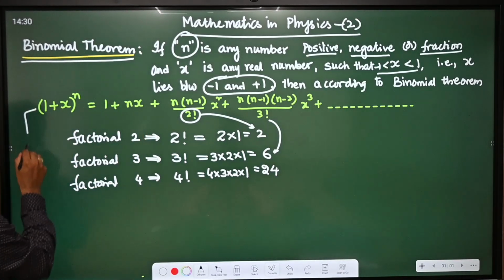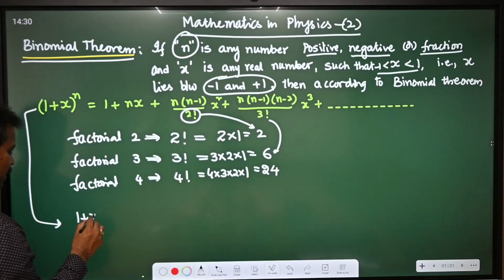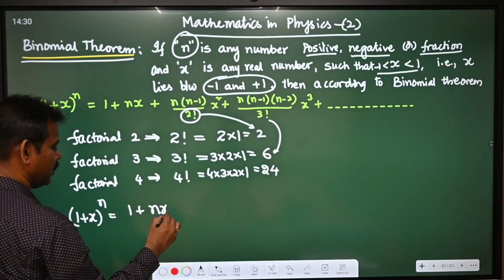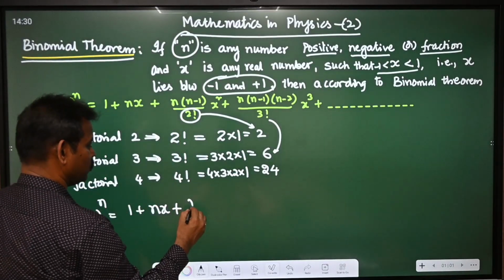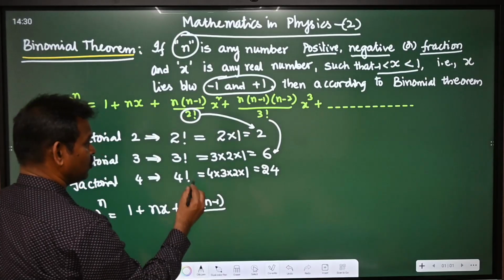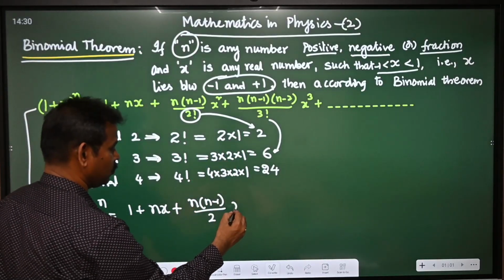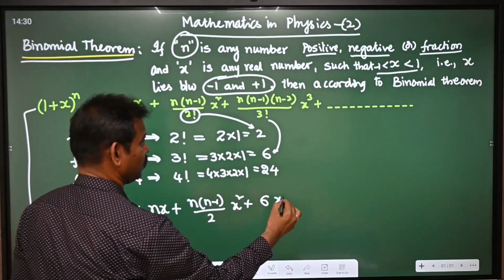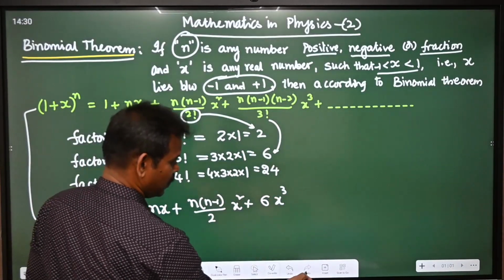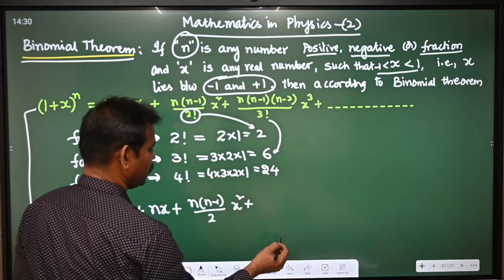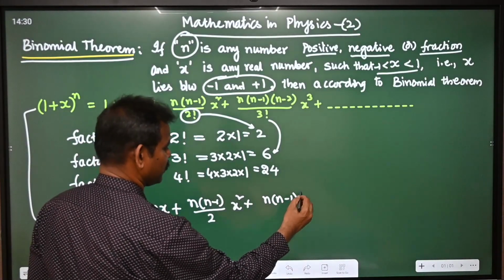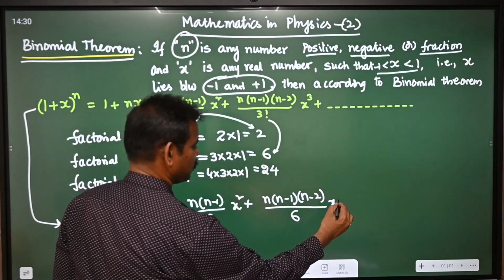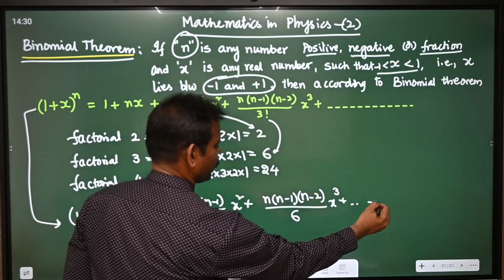Now, if you take this equation, (1 + x)^n can be written as 1 + nx + n(n - 1)/2! which is 2 here, into x^2, and next one, this value we know 6, into x^3, sorry, here n(n - 1)(n - 2)/3! is 6, x^3 and so on.